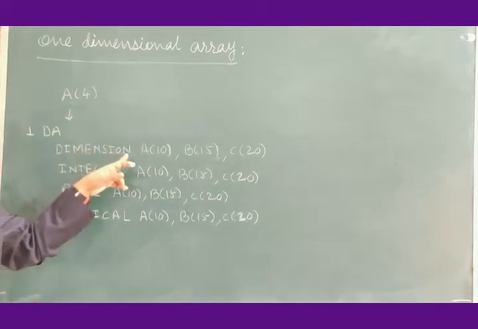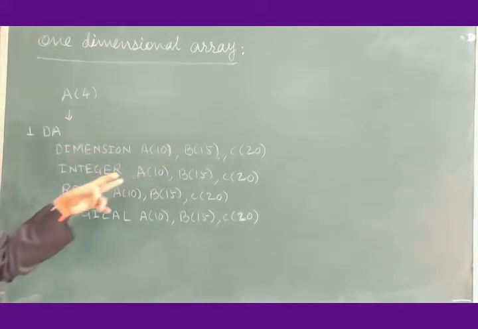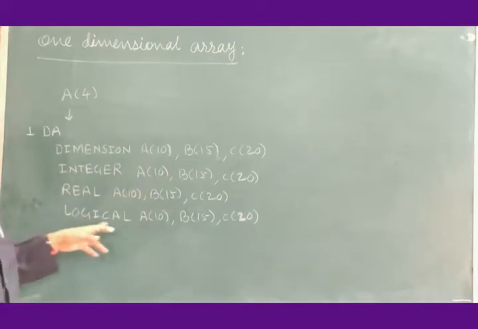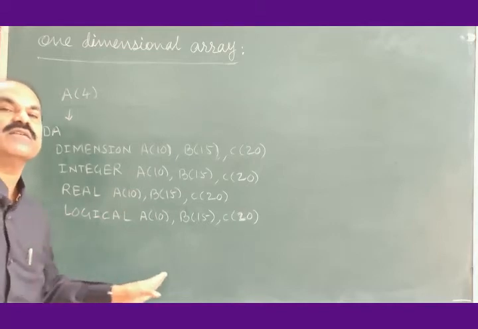This is one way of defining a one-dimensional array. This is the second way, this is the third way, this is the fourth way. Even you can go for character, the fifth way.